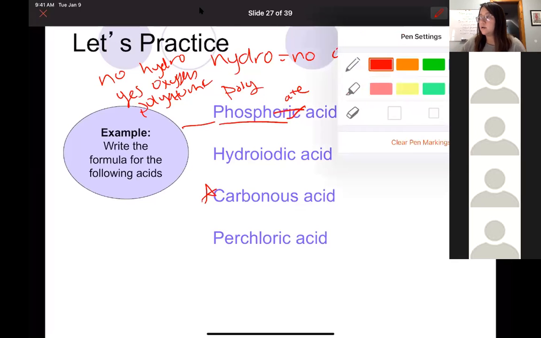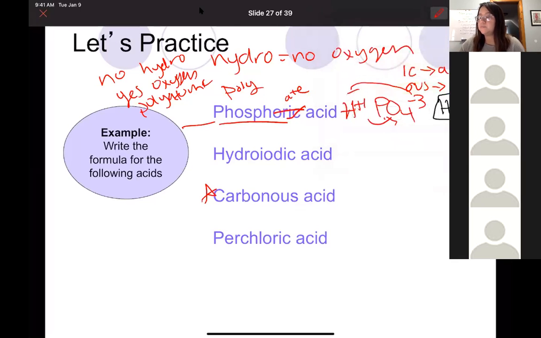Hydroiodic acid. So hydro. Hydro means no oxygen. That means it's going to be hydrogen plus 1, and then we have an element. The element we are looking for begins with IOD.